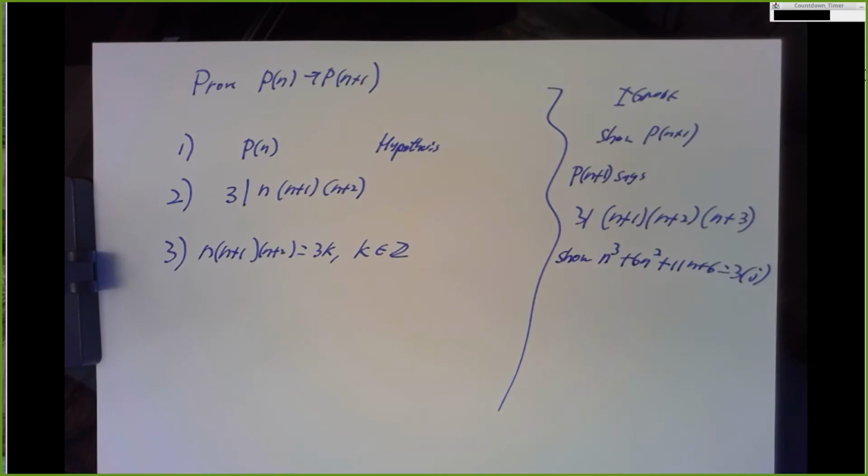So question in chat, wouldn't it be true P of n plus 1 equals 3 times k plus 1? So first of all, P of n plus 1 is a proposition. It's an English sentence. So it cannot be equal to an algebraic formula like 3 times k plus 1. But we could try to use the proposition P of n plus 1 to make a statement about something involving 3 times k plus 1.